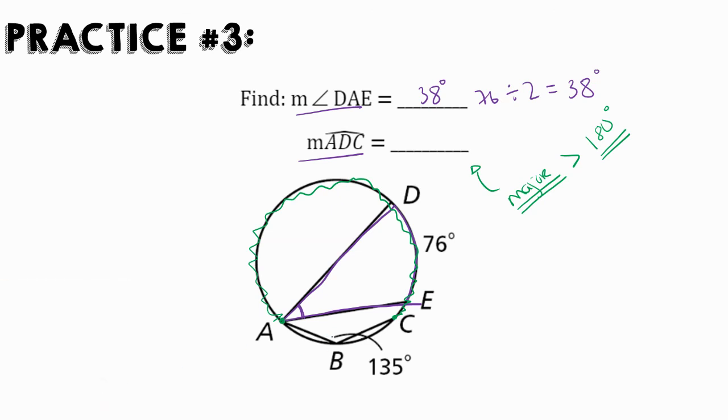I know that this is 135, and doesn't it actually intercept that arc? The angle is half the arc. So the arc divided by 2, or times 1/2, is going to equal 135. So let me just double it. The arc is going to be 135 times 2. What is that, 270? 270 degrees. Okay.